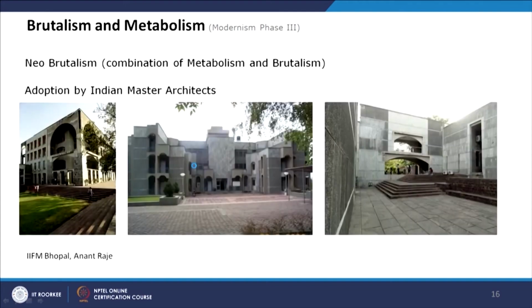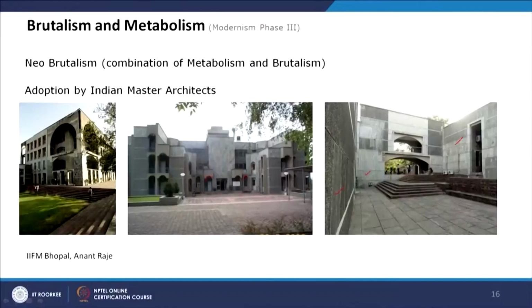Now another example of Raj Rewal. So this is a particular style which evolved and is followed by many of the architects of India. So IIFM Bhopal also has a brutalist style. This is more of a brutalist movement because of the style in the building, and brutalism is followed in this building.